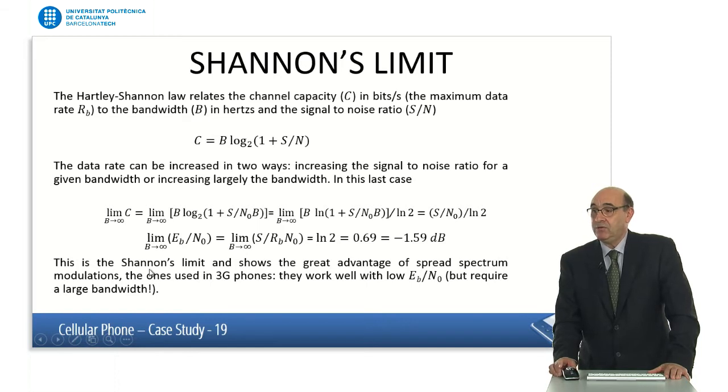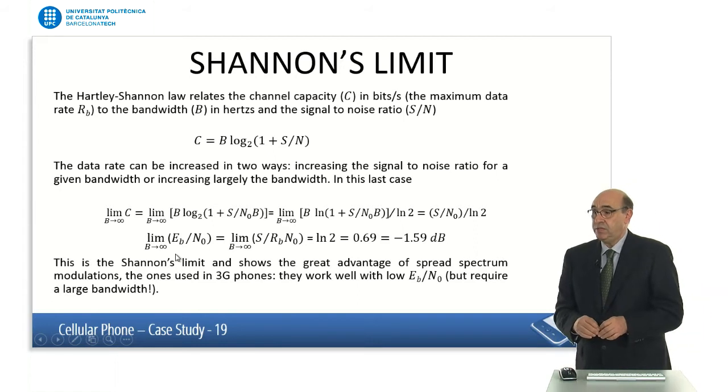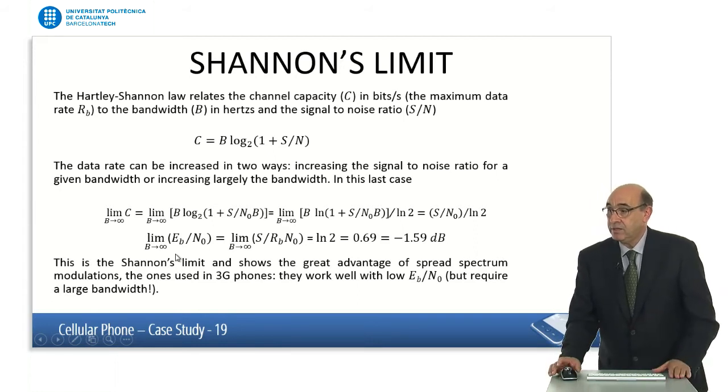Now, if you write the limit of the energy per bit to noise power spectral density, this is the same thing as saying, well, the energy per bit is the power divided by the bit rate, and then N0. But the bit rate was here too. So this number is equal to what you have in this formula except for the log of 2.